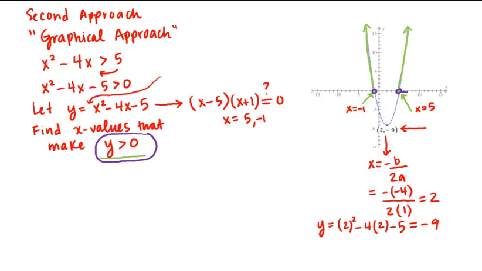So as long as x is greater than 5 or less than negative 1, we'll land on these green pieces of the parabola. Therefore, our answer is the same as it was in the first approach, namely, negative infinity up to negative 1, union 5 to infinity.